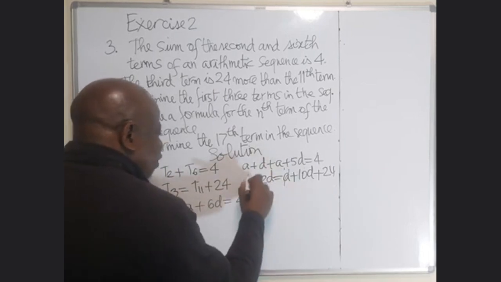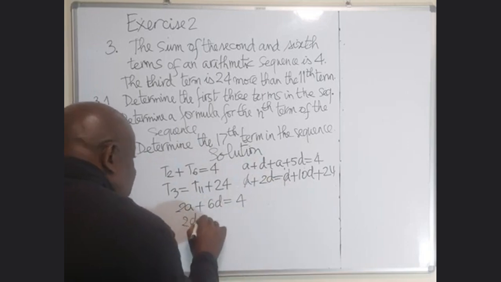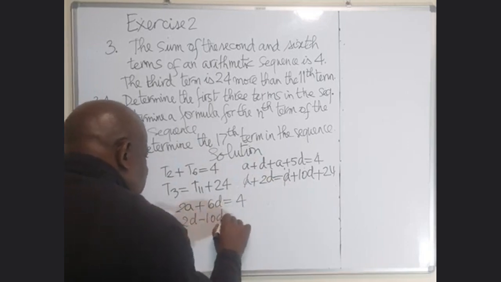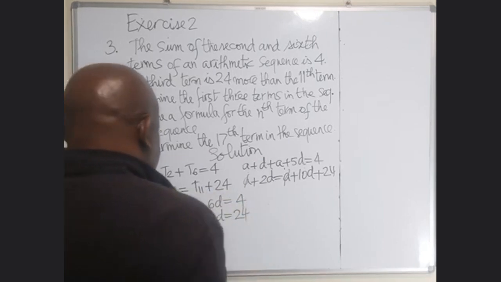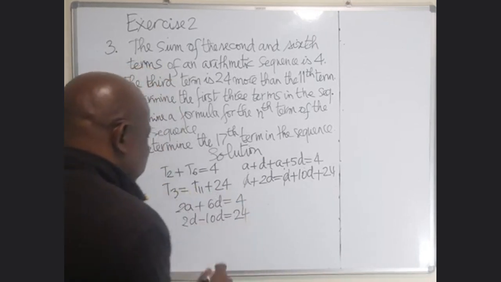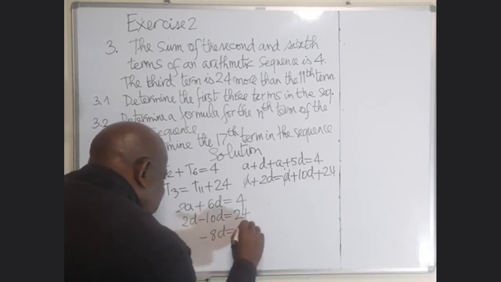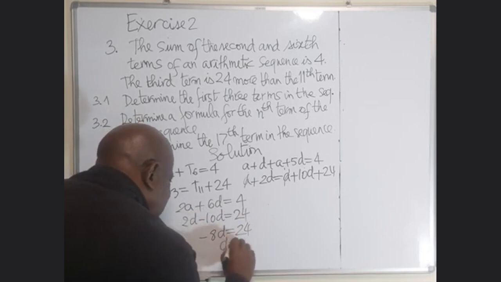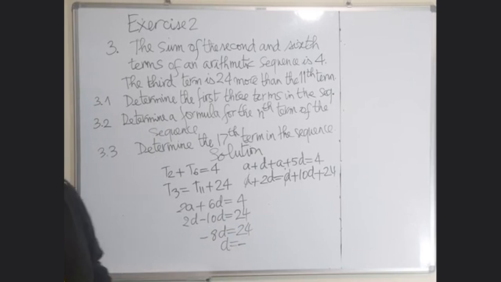And here A minus A is going to be equal to 0. Here we'll be having 2D minus 10D is equal to 24. So 2D minus 10D, then we're getting minus 8D is equal to 24. So our D will be equal to 24 divided by 8.